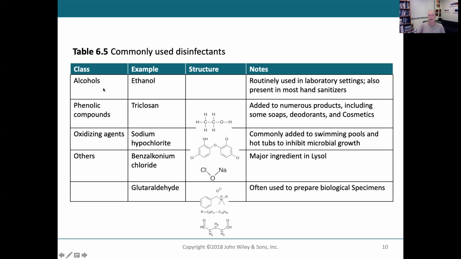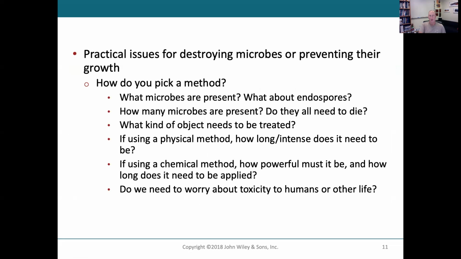They can work by acting as surfactants for disrupting membranes as well. Glutaraldehyde can work by cross-linking proteins. So there are different ways that these can cause damage to biological materials and kill cells, including microorganisms.